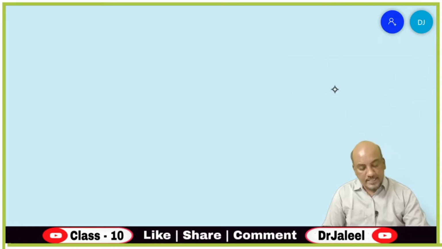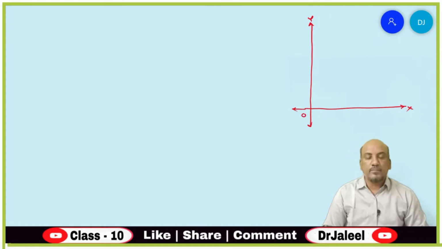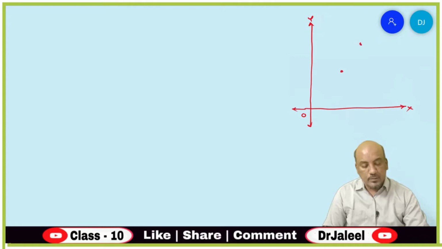Children, first let us take a plane and divide it into 4 parts by using the x-axis and y-axis. Let me take this as the x-axis, this is the y-axis and this is the origin. Here I am taking 3 points, 1, 2, and let me take this as the third point.